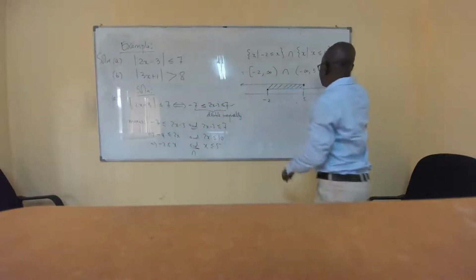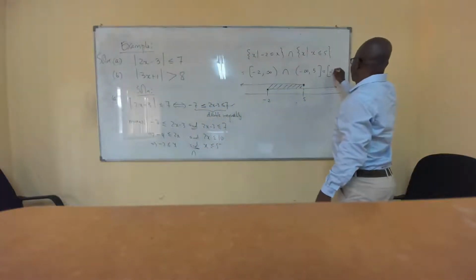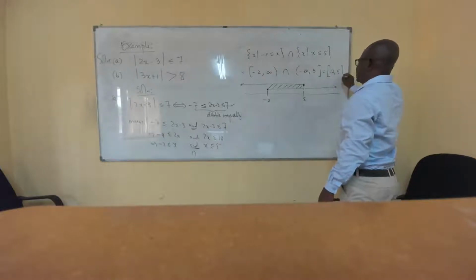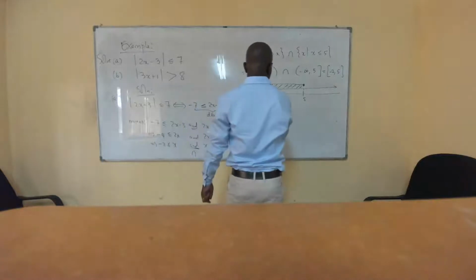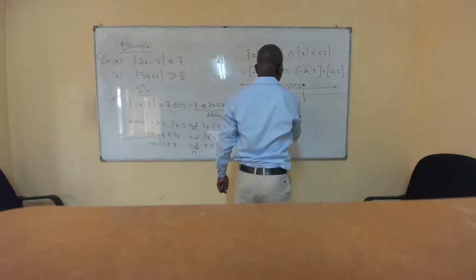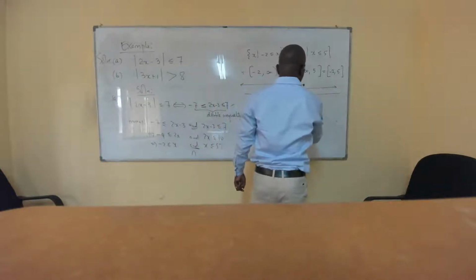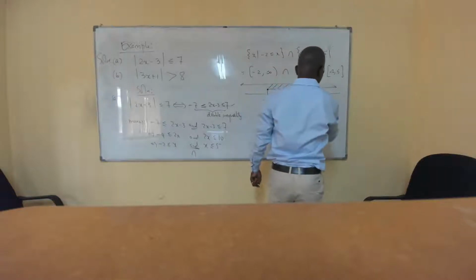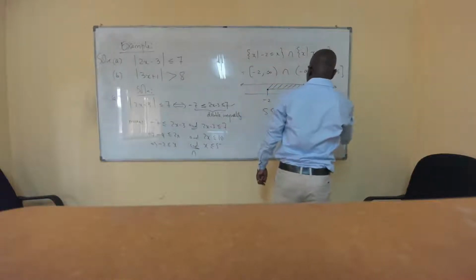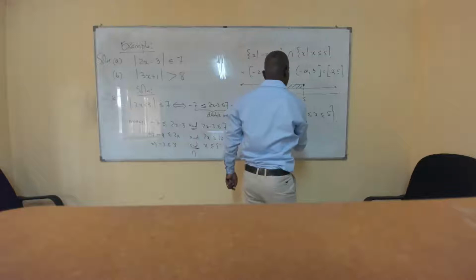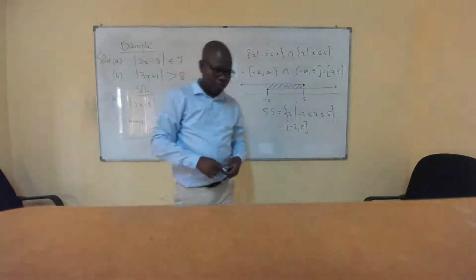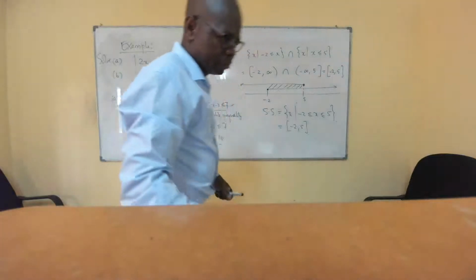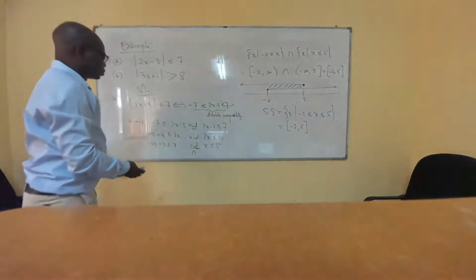It will give you the interval minus 2 to 5. So this is your solution set: the set of all x such that minus 2 is less or equal to x less or equal to 5, or in interval notation, minus 2 to 5. That is how you solve this one.